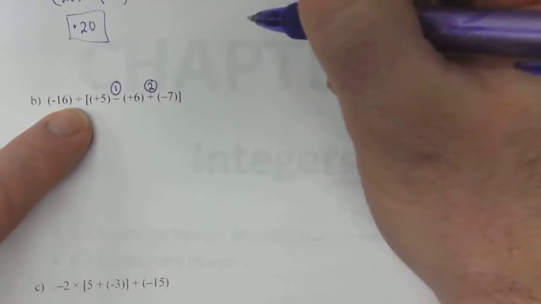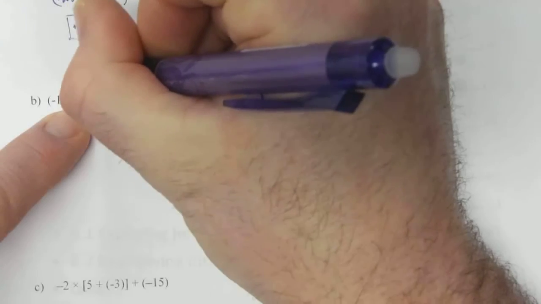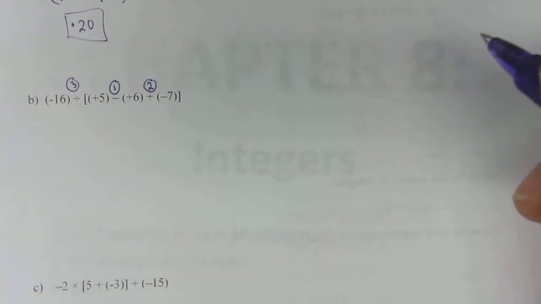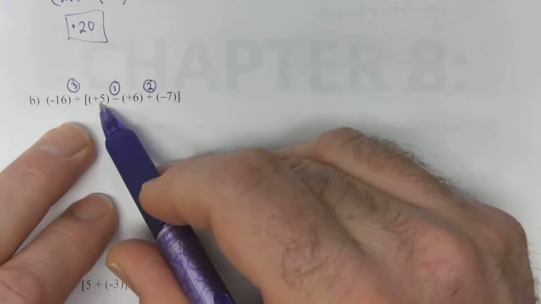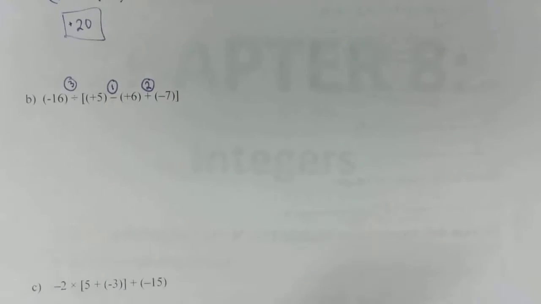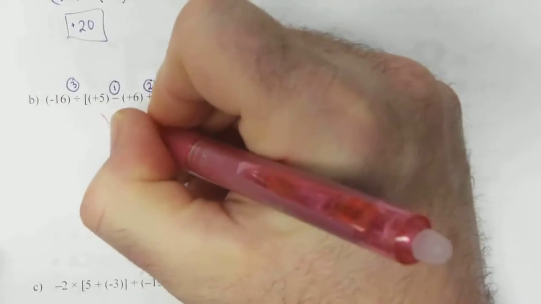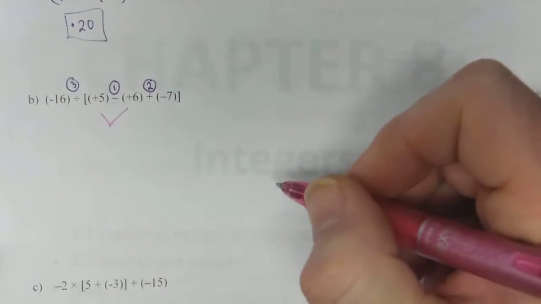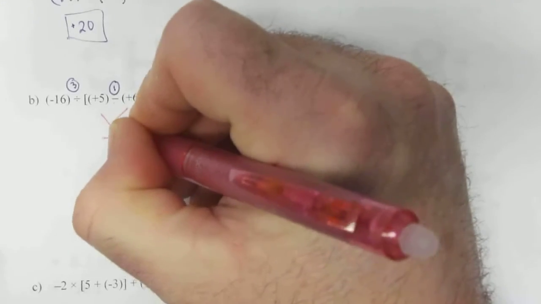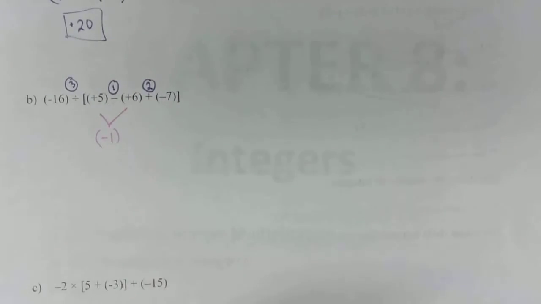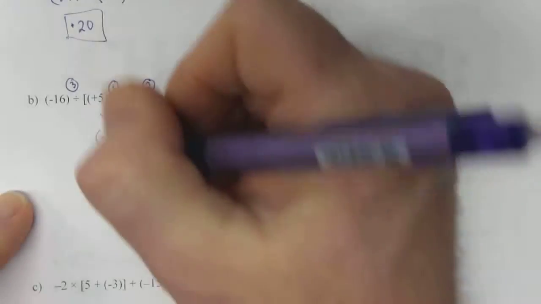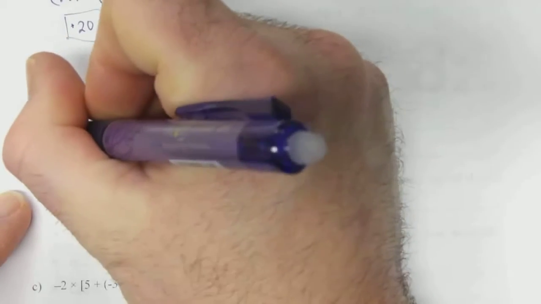Now I can look at this division, and it's going to actually be the third process. So let's do that. So positive 5. I'm going to change it up with some color here. Positive 5, subtract 6. That's going to give you a negative 1. We can bring down the rest of it.